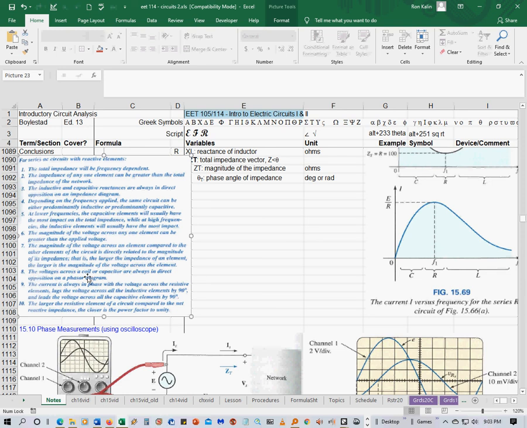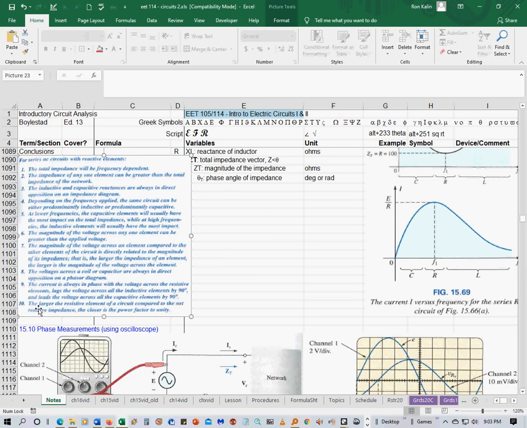The voltages across a coil and a capacitor are always in direct opposition on a phasor diagram. So a coil is the same thing as an inductor. The current is always in phase with the voltage across the resistive elements, lags the voltage across inductive elements by 90, and leads the voltage across all capacitive elements by 90.